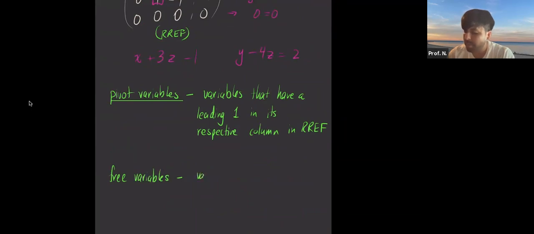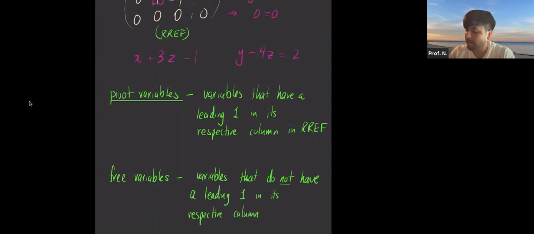They're the variables that do not have a leading 1 in their respective column in row reduced echelon form.